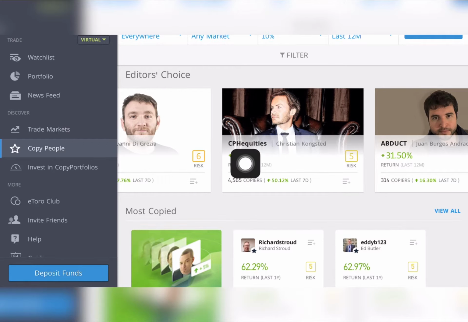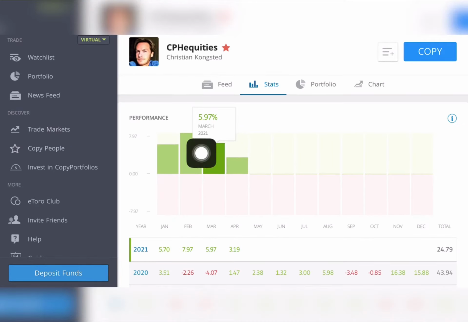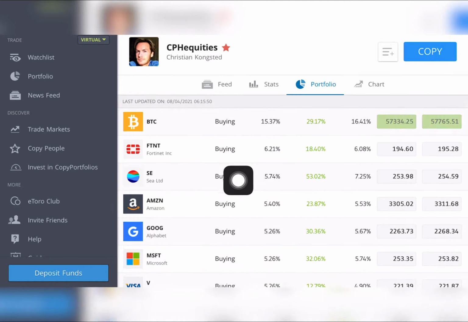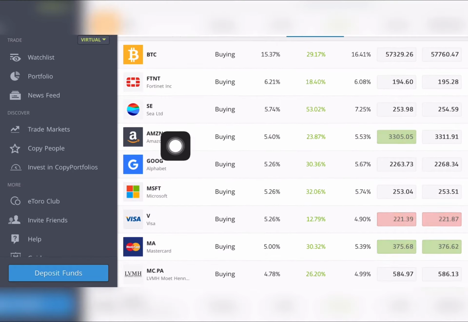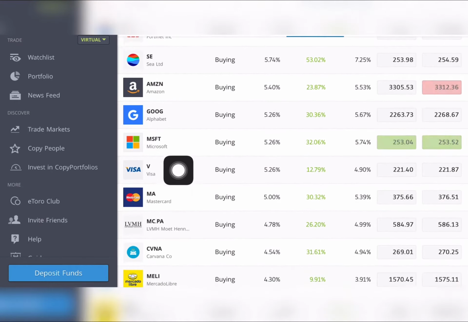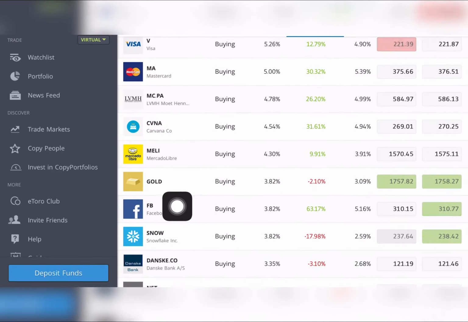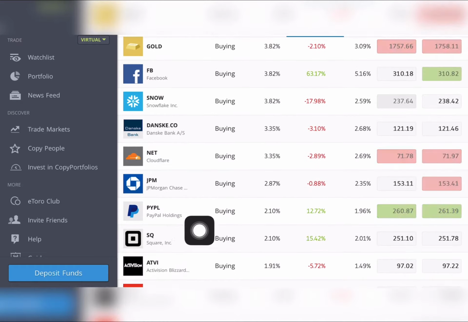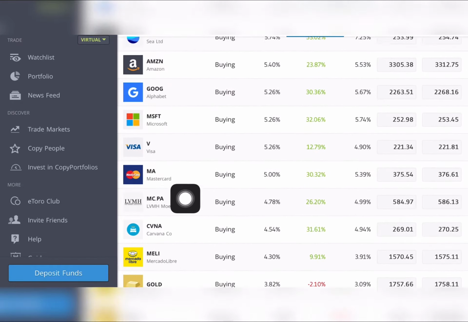So I'll check Christian. You will be redirected to his portfolio. The first thing that you need to check is his portfolio and what his assets are. He has cryptocurrency, Bitcoin, some stocks, and a commodity, which is gold. Pretty much more on stocks.